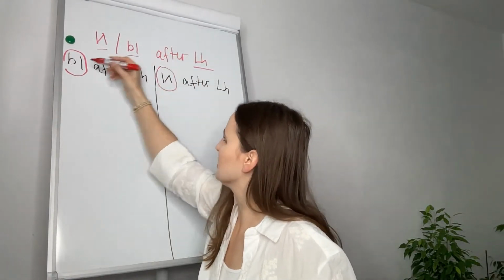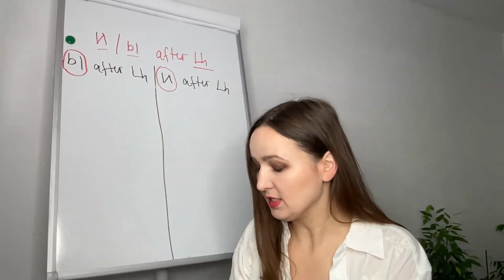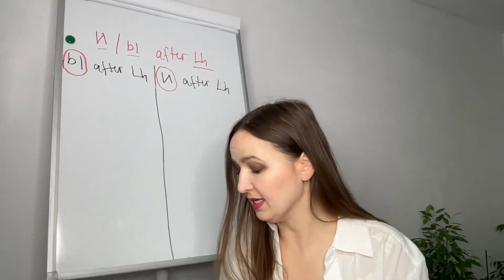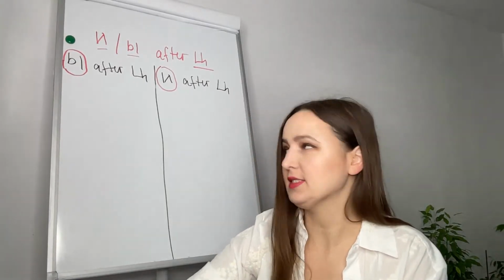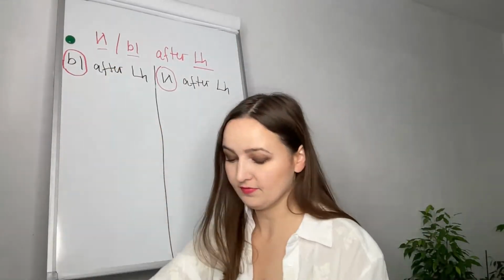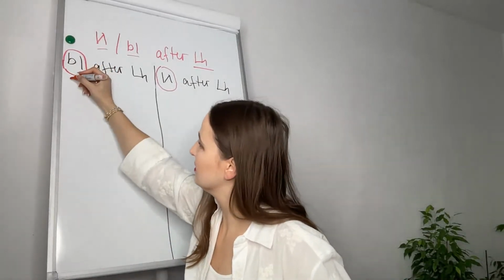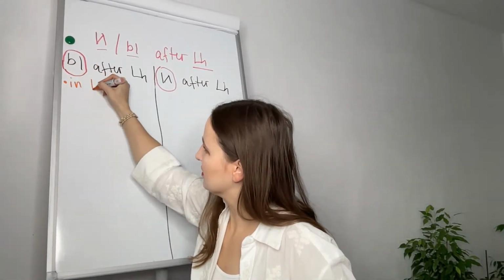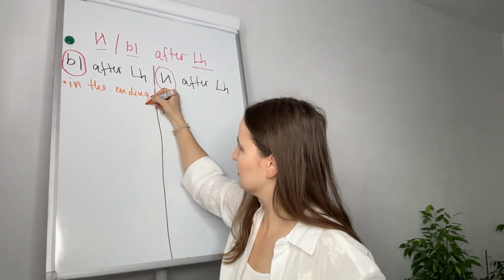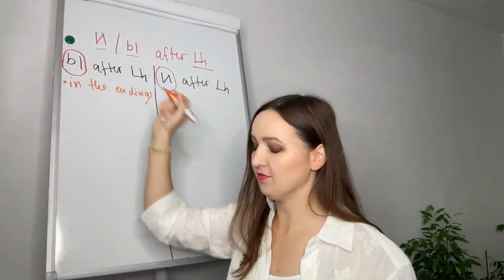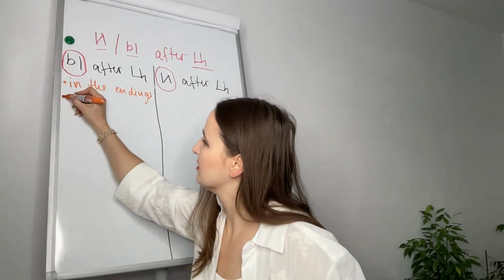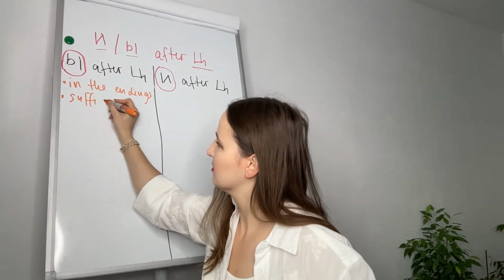We will see when we use each one. After Ц, the letter Ы is written only in the endings and in the suffix -ун.